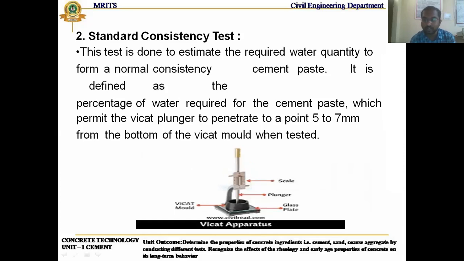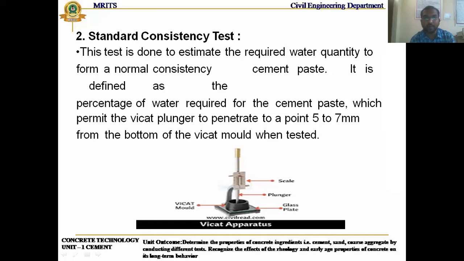The next method of determining the physical properties of the cement is the standard consistency test. This test is done to estimate the water quantity required to form a normal consistency cement paste. The amount of water required to make the cement paste of normal consistency can be found by the standard consistency test.